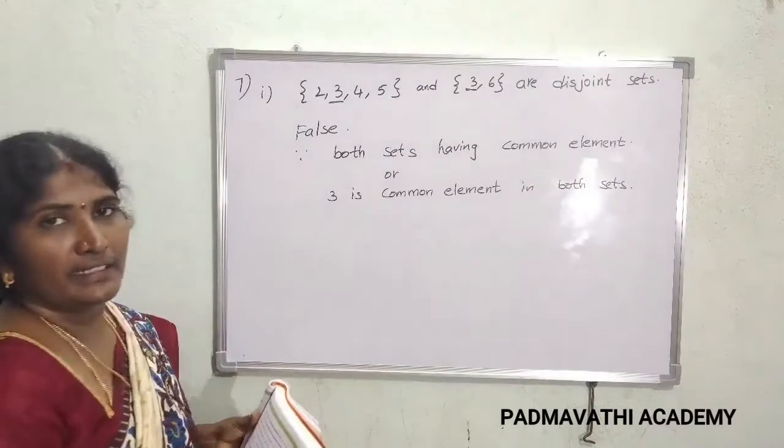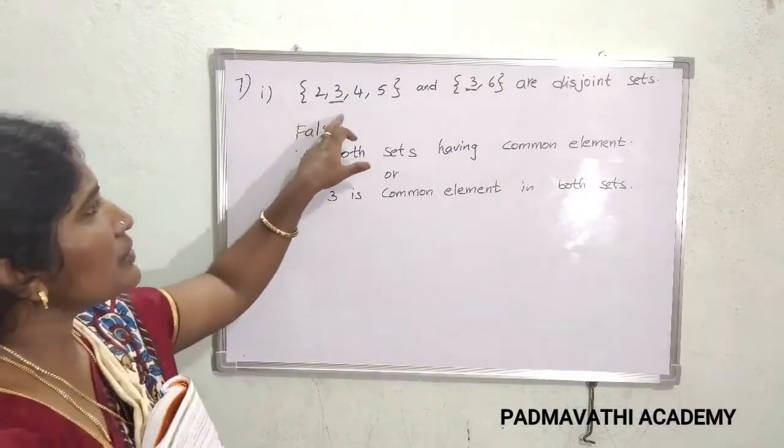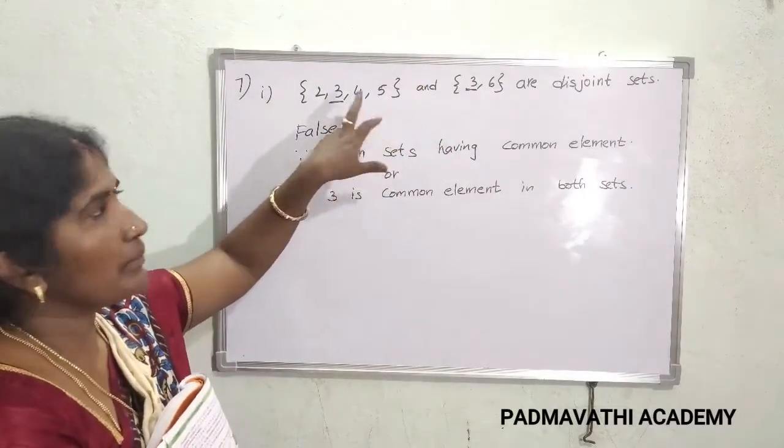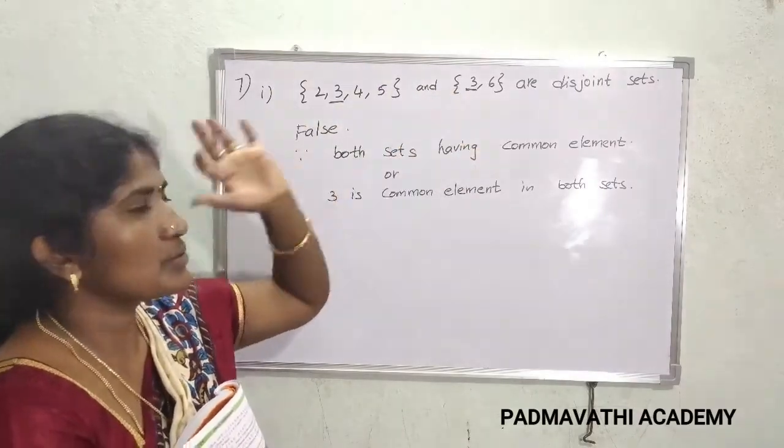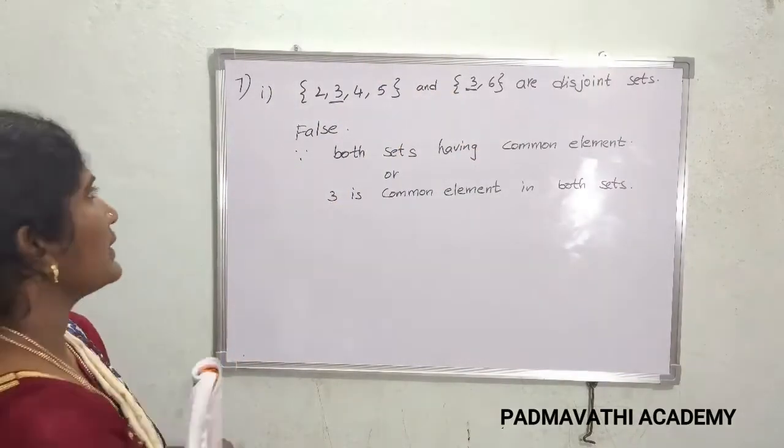Disjoint sets means in the two sets a common element should not be present, but here a common element is there. That's why these two sets are not disjoint sets.